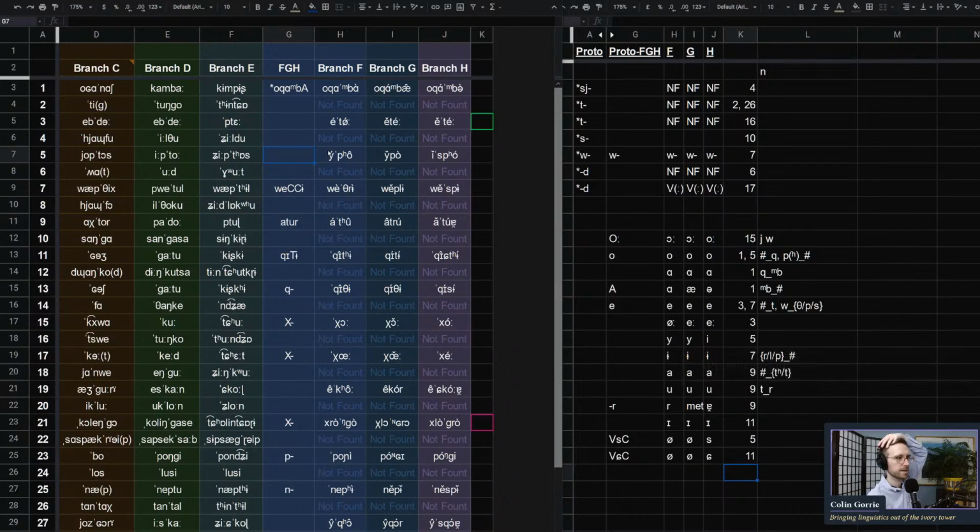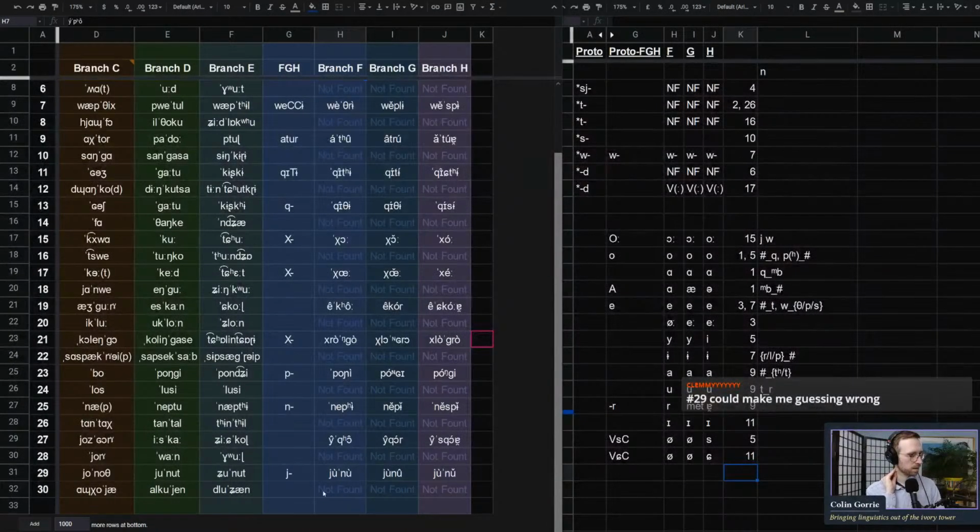Unless the S is what is giving it the aspiration. Like it goes from S to H, then causes the adjacent stop to aspirate, then drops out in branch F, but not in branch H. I think that is kind of possible.